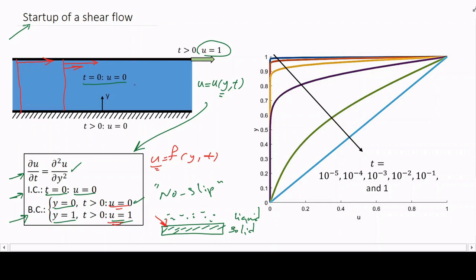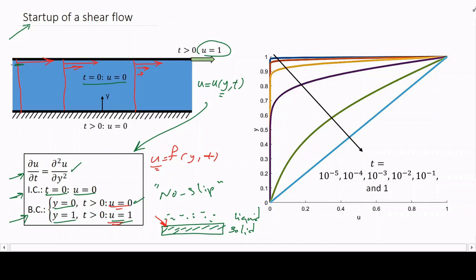And shortly after that, each layer of liquid will be dragging the layer right underneath itself to the right hand side. And you can see that over time the effects of this upper boundary are going to be diffusing deeper and deeper into your system.